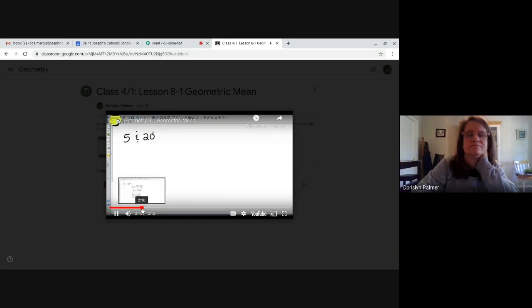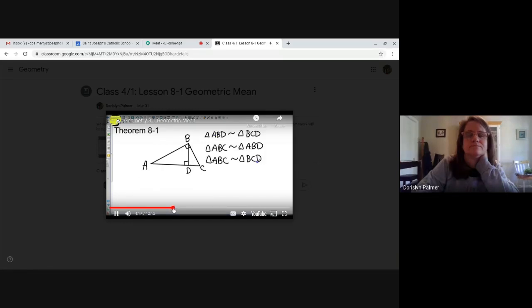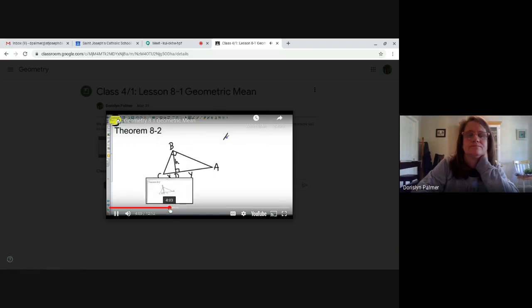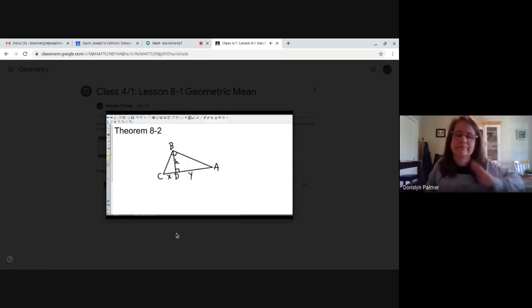This one's going to be tough. If the altitude we had X and Y, the reason I want to do that is the altitude is going to be the geometric mean of the two sections that are created.